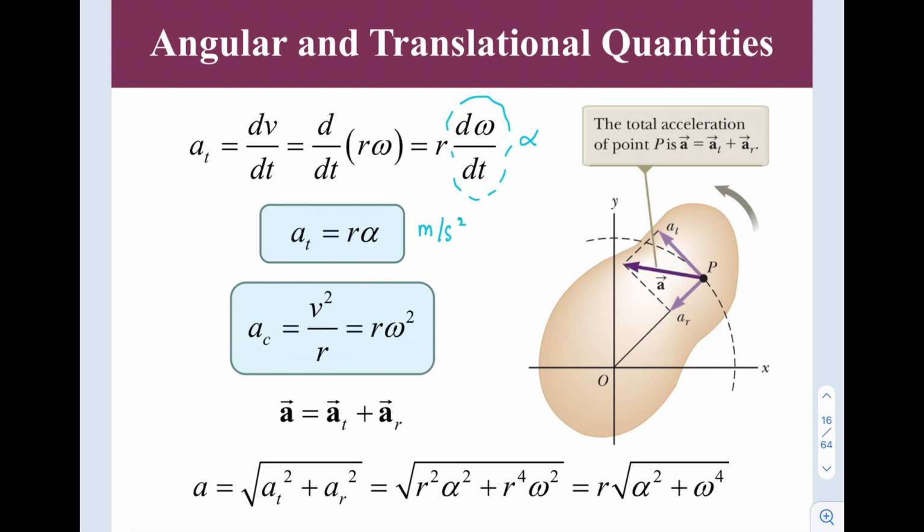What is ar? Radial acceleration, but in the opposite direction, right? So negative ar is equal to ac. ac is always toward the center of the circle. v itself is r omega, right? So now we can simplify the equation into r omega squared for ac instead of using v squared over r only.